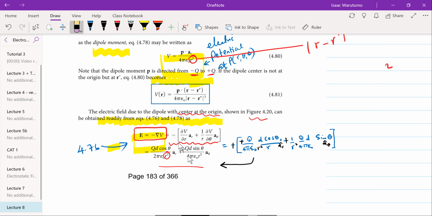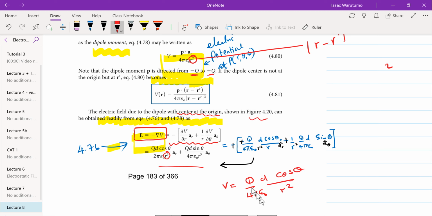So we are first of all writing down our V, and we have said that V is equal to Q over 4 pi epsilon naught, D cos theta, all over R squared.